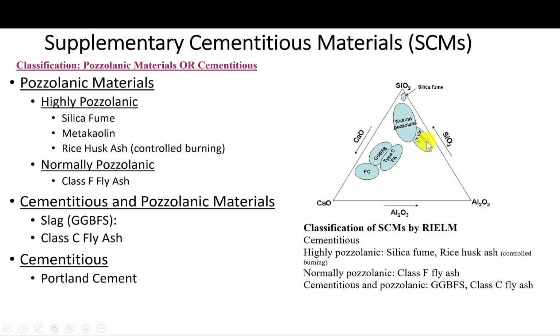Of course, it has higher reactive silica content than the others. Ground granulated blast furnace slag, or simply slag, and the type C fly ash are closer to the cementitious realm because of their lime content, as we will see later. Of course, Portland cement is purely cementitious material because of its high lime content.